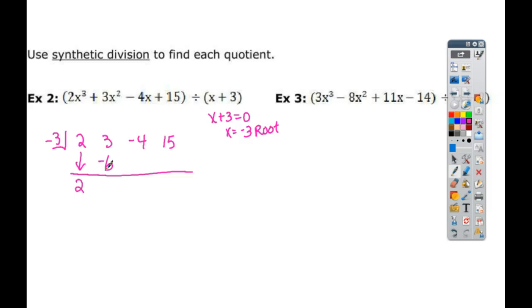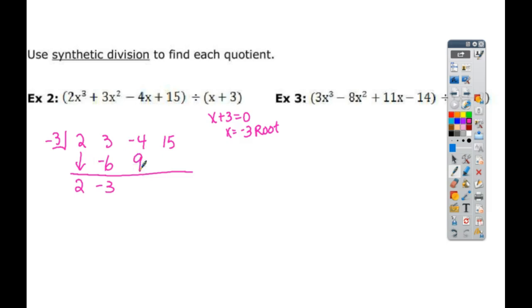So now I'm going to add, so I get -3. I'm back to the diagonal, so -3 times -3 is 9.